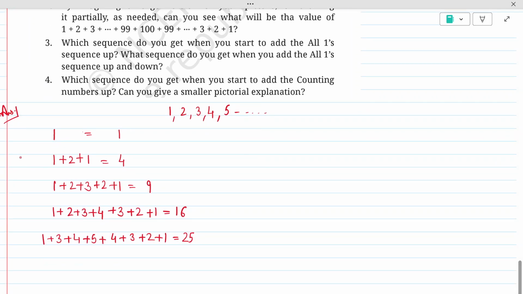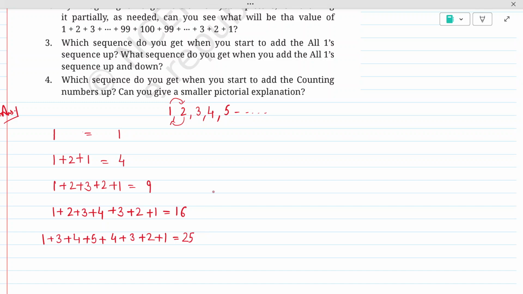So how did we do that? First one as is, then counting numbers up, that is 1 plus 2, and down 2 plus 1, which gave us 4. And then for the third number we will do 1 plus 2 plus 3 plus 2 plus 1 in the down series. So we will get 9. Similarly, we will get the next two numbers.